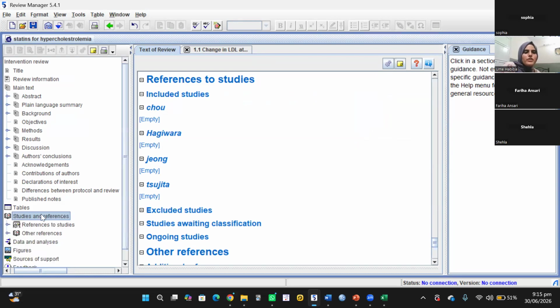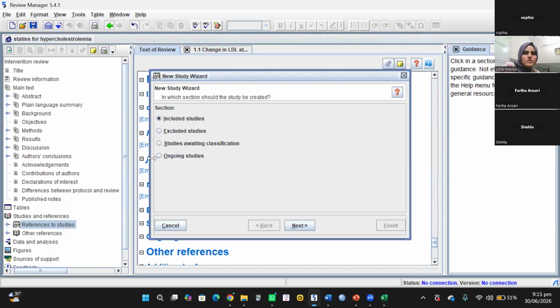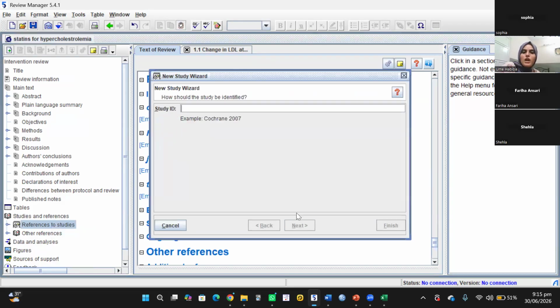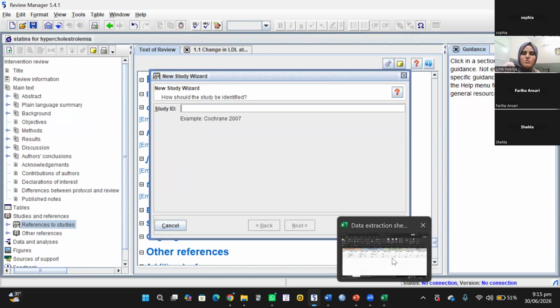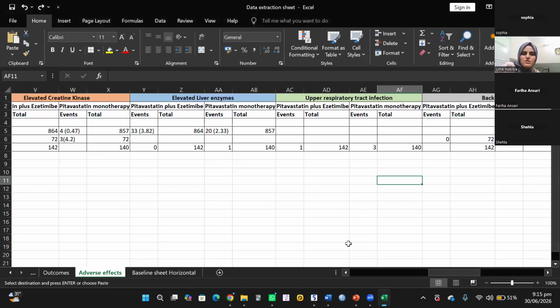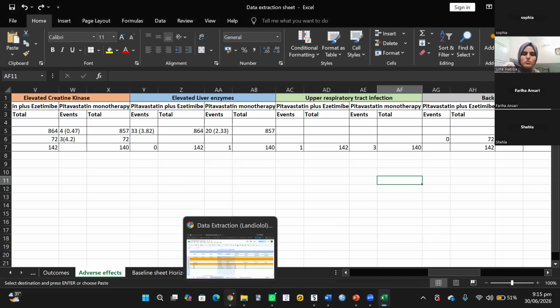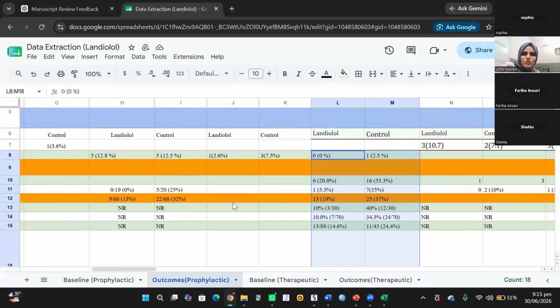I'll go to study and references, click it, left click references, add, sure, add study, because I would have to add new studies now. Let me just take 3 studies because that's the minimum that we need to move forward.